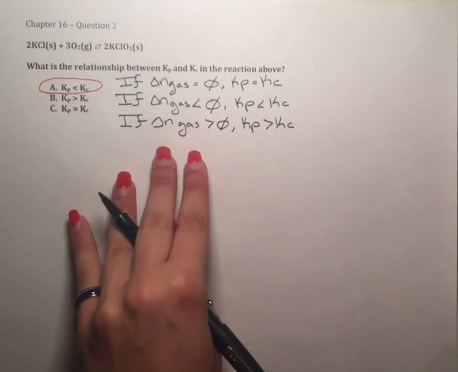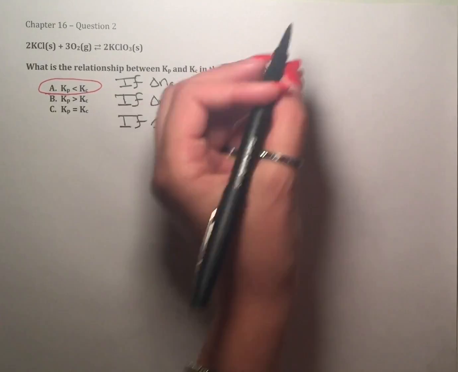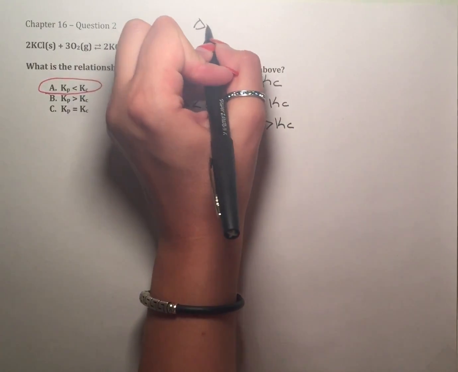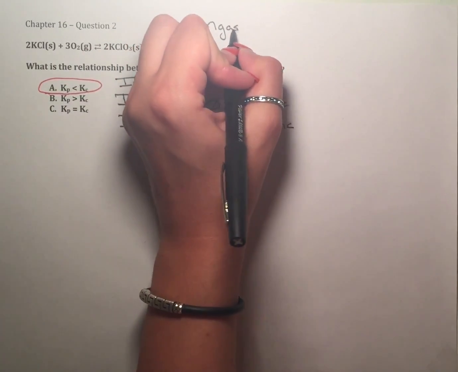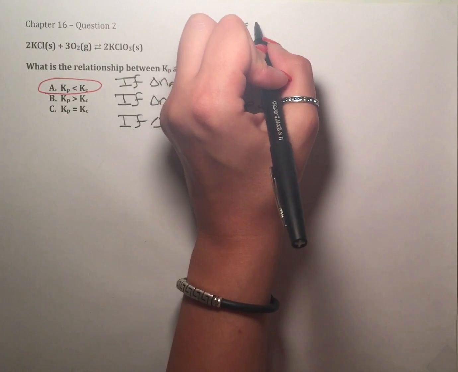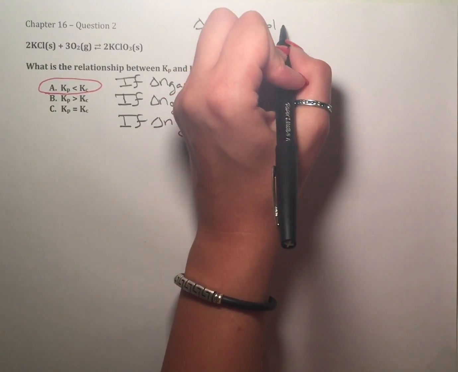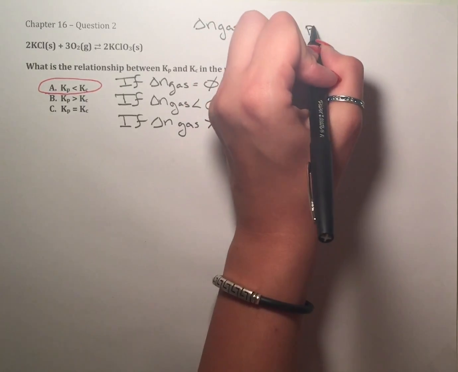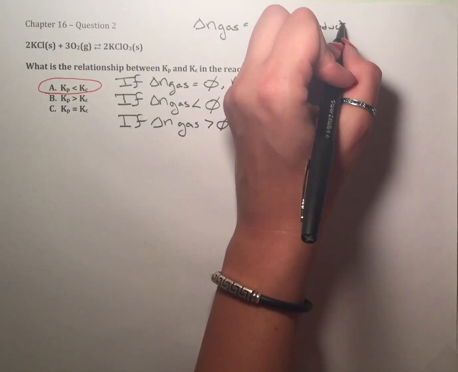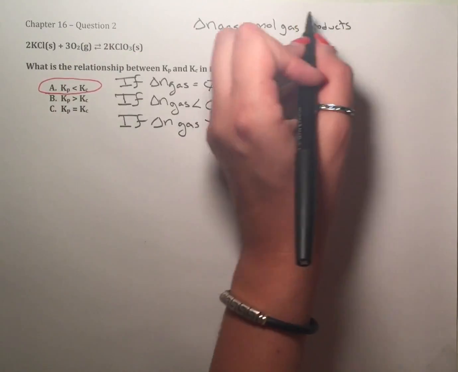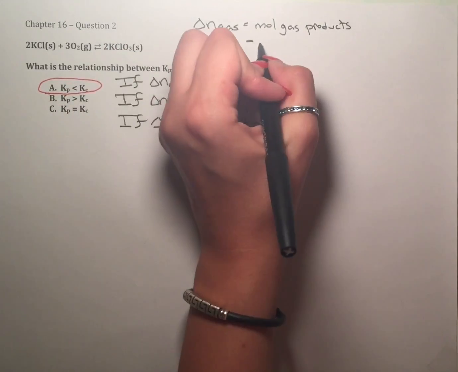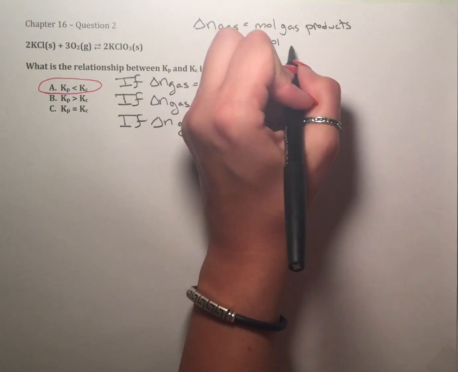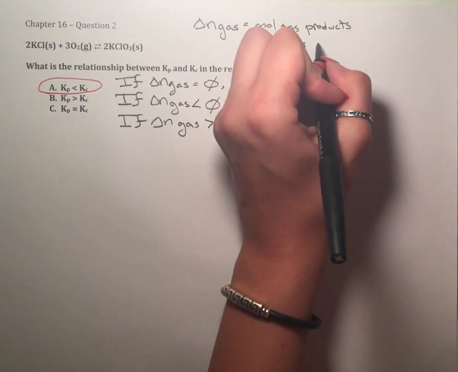All right, and what is delta N gas? Delta N gas is equal to the moles of gas products, I'm gonna run out of room, minus the moles of gas reactants.